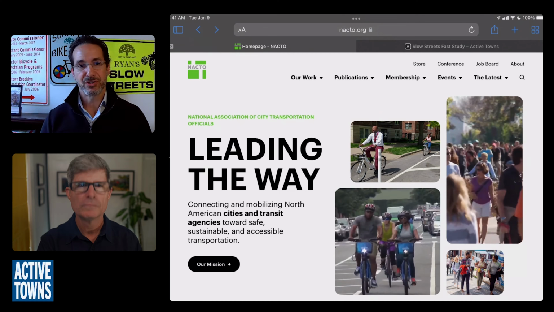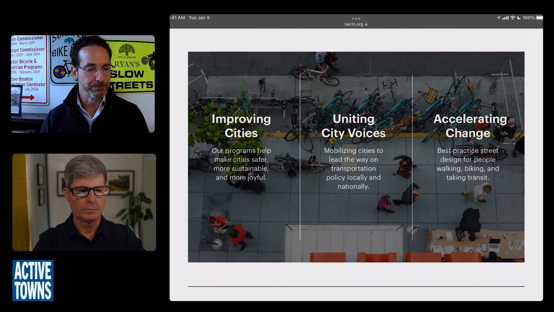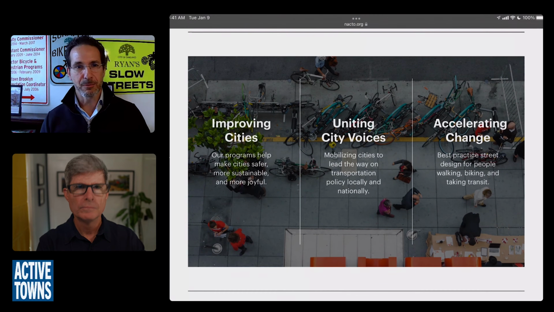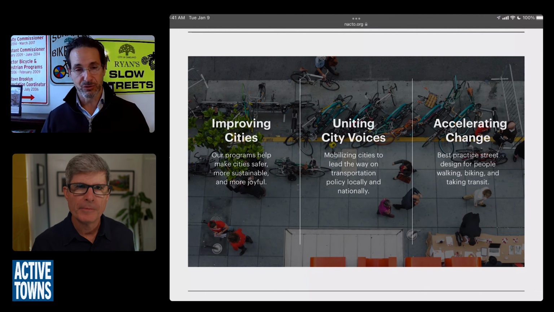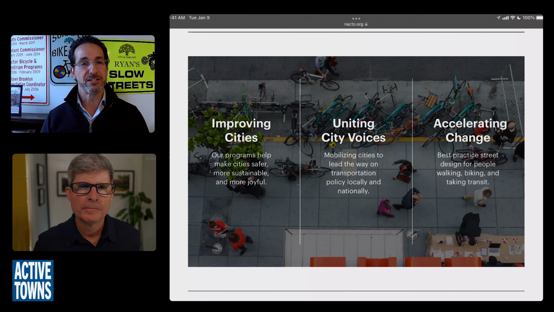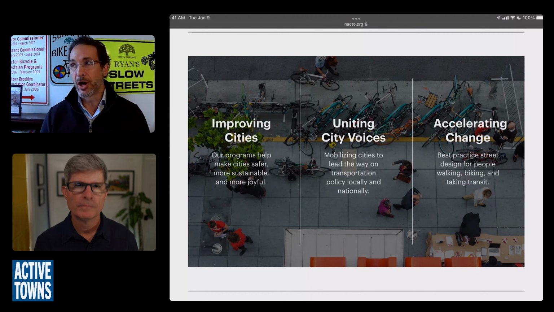Yeah, so NACTO, the National Association of City Transportation Officials, has existed in some form since the mid-90s, but really this moment of change and leadership that you saw in cities like New York City, Chicago, and Washington, D.C., in the mid-aughts was when the NACTO we know today really started to come to be. It was formed to make sure cities had a voice in, for example, federal transportation policy when the reauthorization bill would come up every four years.